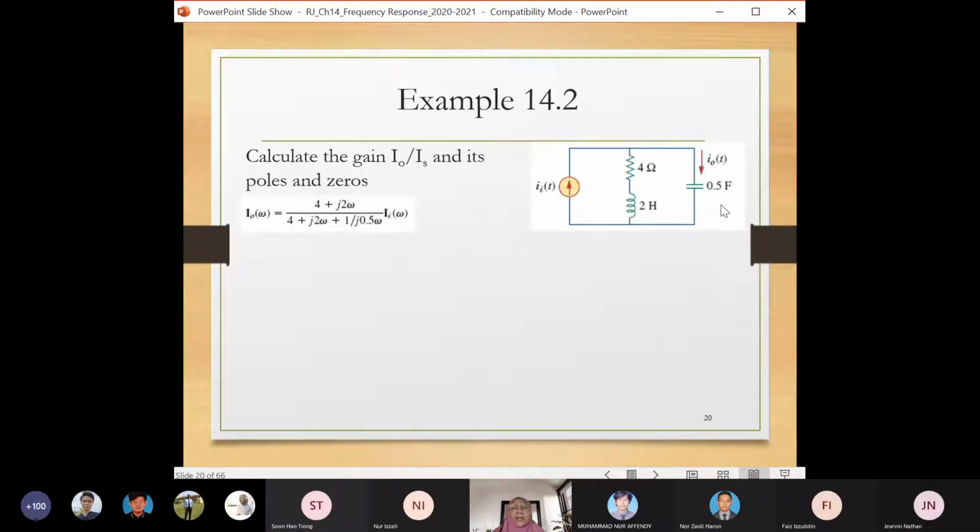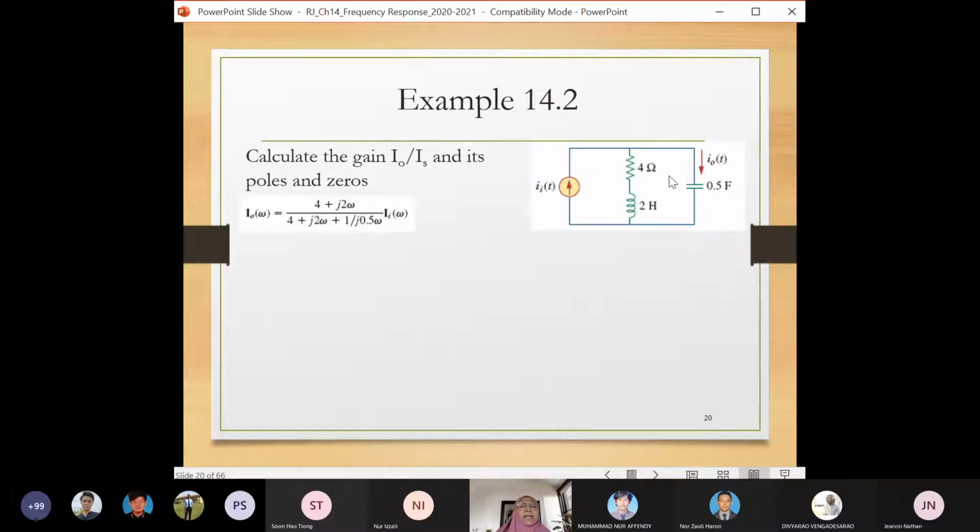So you must write the equation of Io. Here Io is the output at this capacitor, and Io is actually, because you have 2 henry here, 4 plus j2 omega divided by 4 plus j omega, which is this section, plus 1 over j0.5 omega.